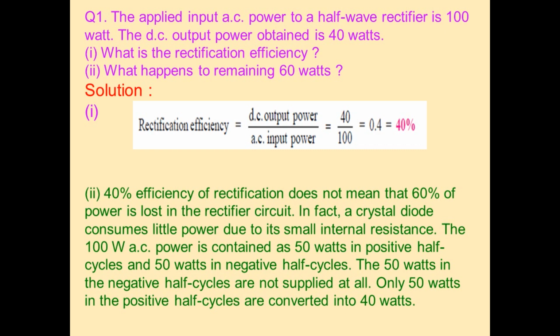So out of that 100 watt AC power, 50 watt is in positive half cycles and 50 watt in negative half cycles.